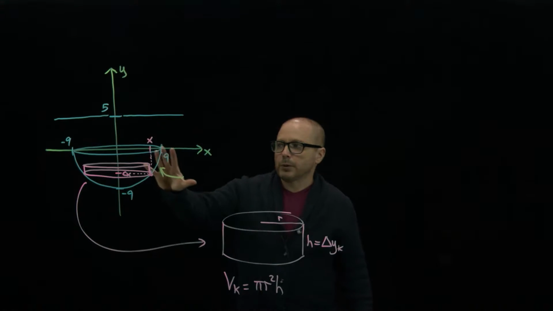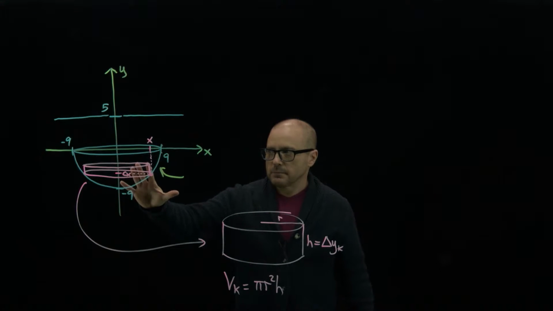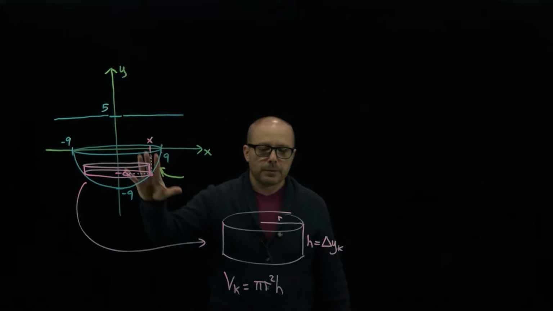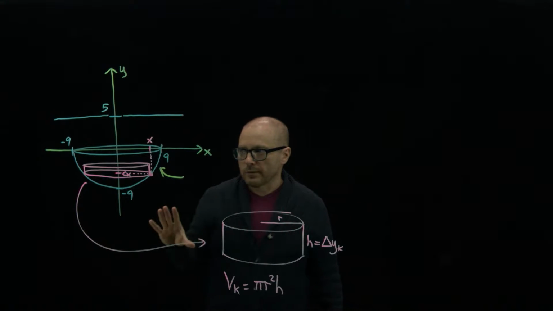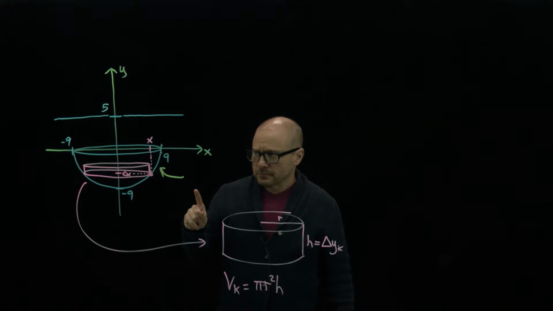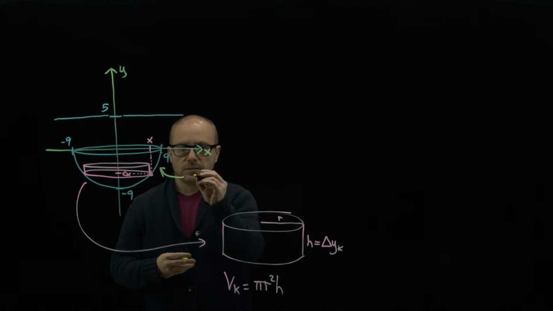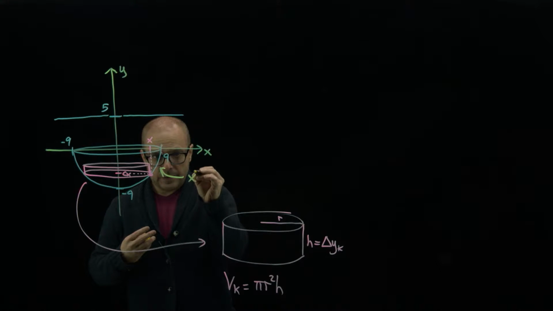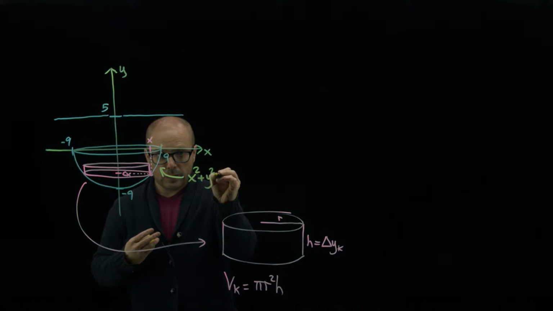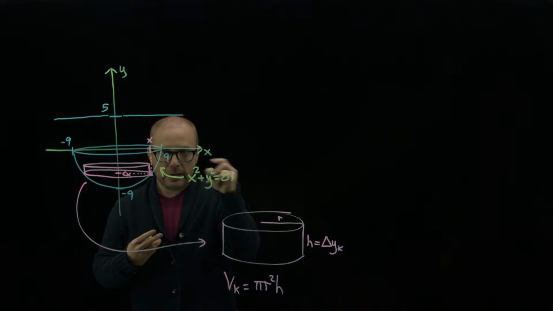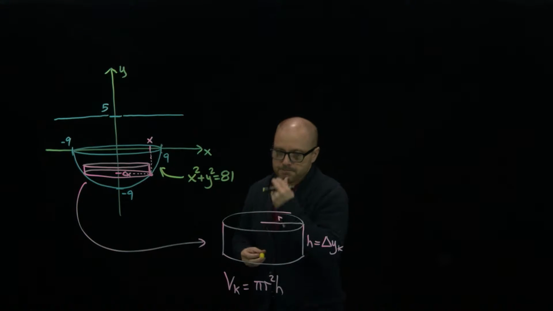Now remember, you could put this coordinate system anywhere you like. You could have that sphere shifted up or down. Your answer will be equivalent. But centering a circle at the origin makes its equation the nicest. So that's what I do. This is x squared plus y squared equals r squared, or 81. This is a radius 9.